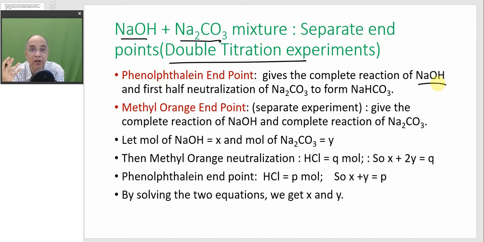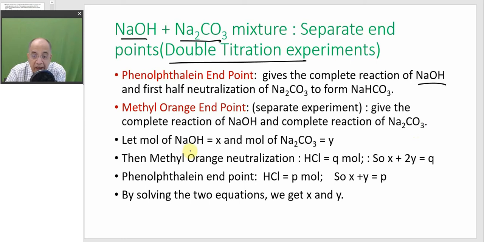So why not wait for that, right? At the appropriate time, we will cover all these theories of indicators. Now, methyl orange indicator gives the complete reaction of NaOH and complete reaction of sodium carbonate, both the steps together, right?